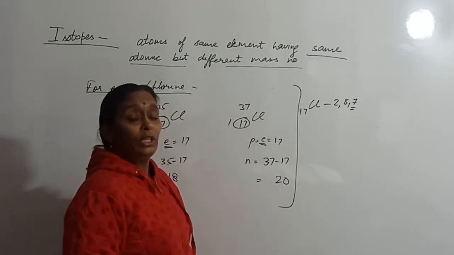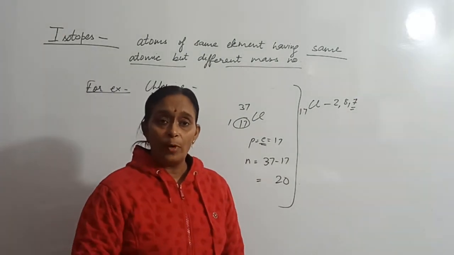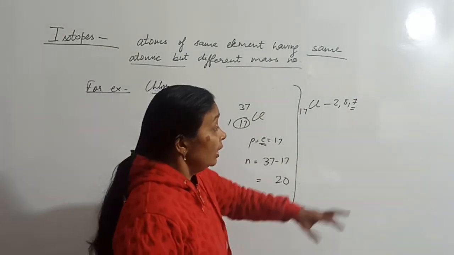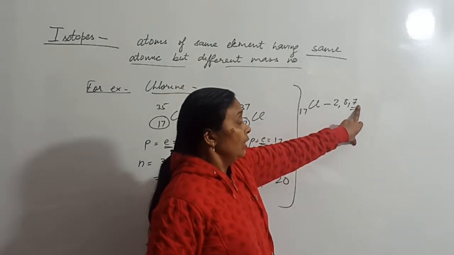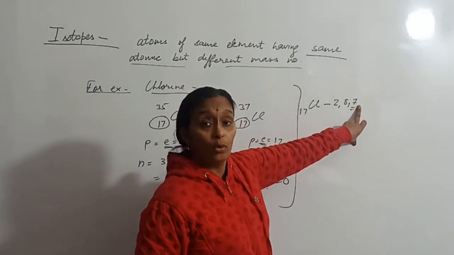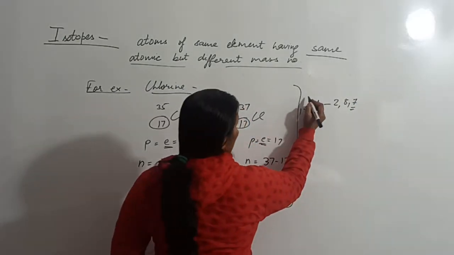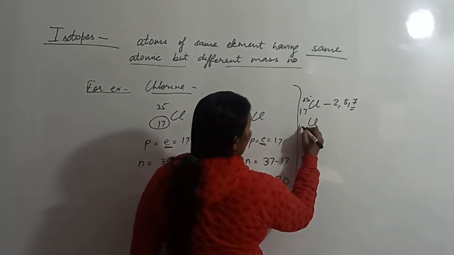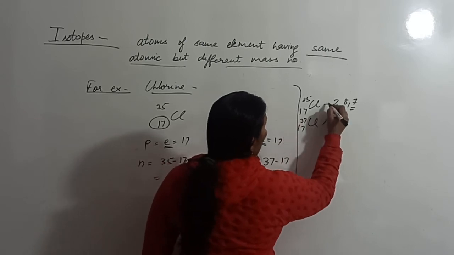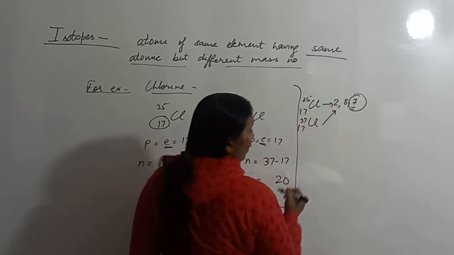Now you very well know the chemical properties of an atom depend on the number of electrons in the outermost shell. So whether it is chlorine 17-35 or chlorine 17-37, both will have 7 electrons in the outermost shell.